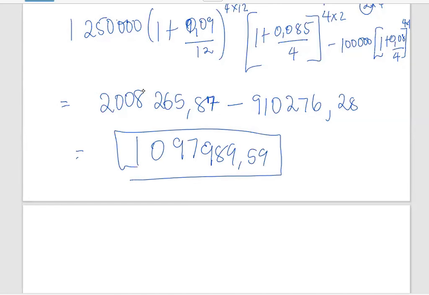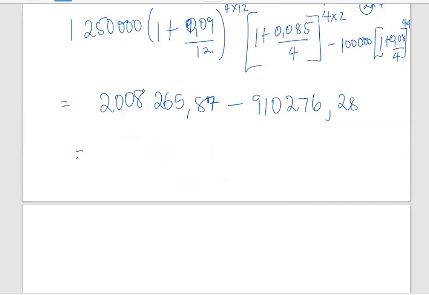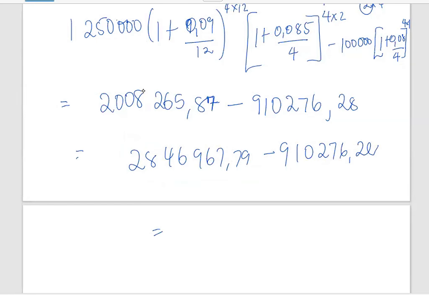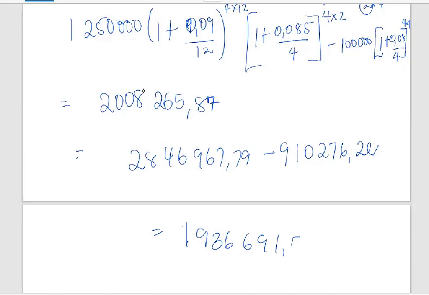Alternatively, maybe just not to confuse people, let's get the amount that was saved, which we said was 2,846,967.79. Let us subtract the 910,276.28. What does this give us? So that we can see the exact amount that the tractor is going to cost. 1,936,691.51. So this is the new cost of the tractor.